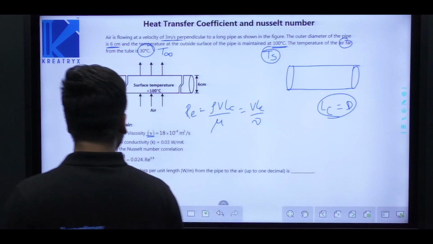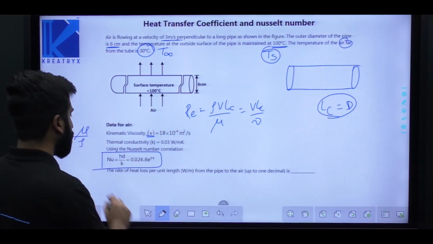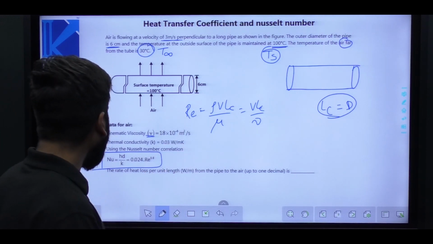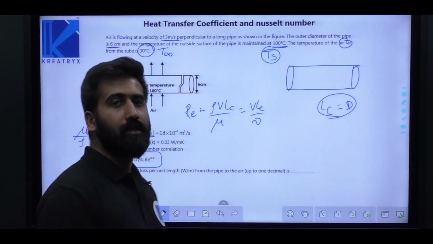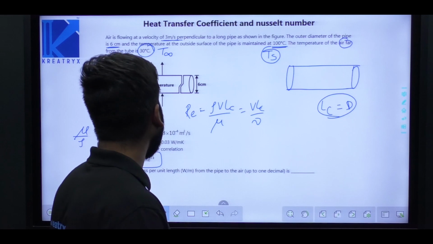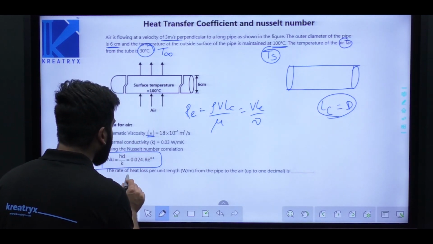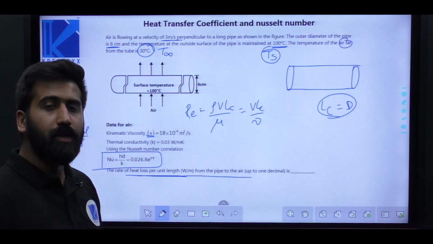Thermal conductivity is given to you, and the Nusselt number correlation is also given to you. Everything is given to you. You have to find the rate of heat loss per unit length from the pipe to the air, up to 1 decimal. See, this seemed a tough question, but it is a very simple question. What is the rate of heat loss?